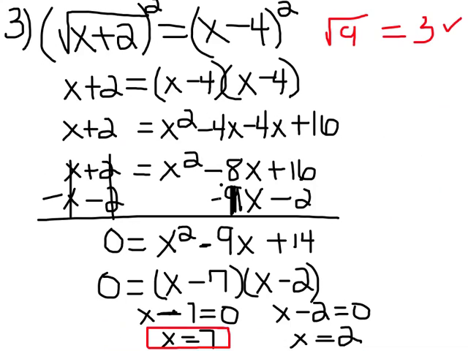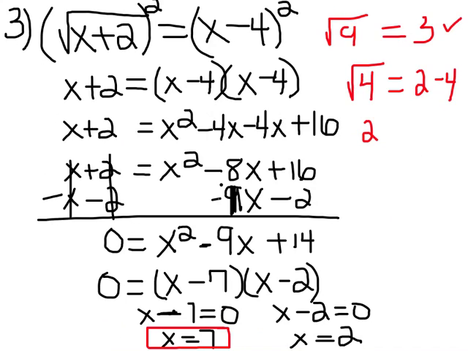Now 2. We'd have 2 plus 2 in the square root sign to get 4, equals x minus 4, and our x was 2. Well, 2 minus 4 gives us a negative 2. The square root of 4 is 2.